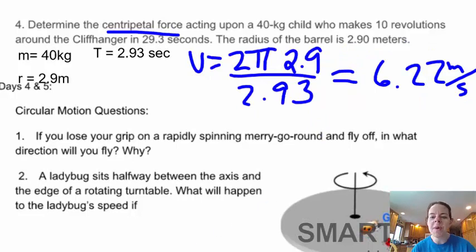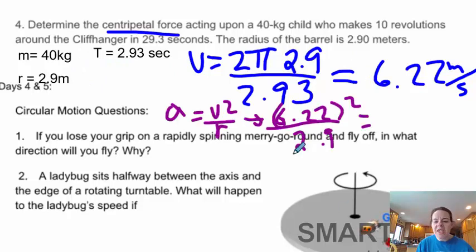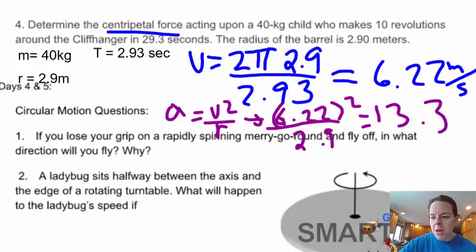So you end up with 2 pi times 2.9 over 2.93, and you get a velocity of 6.92. That doesn't finish our problem, because we have to do v squared over r to get our acceleration, which ends up being 13.3 meters per second squared.